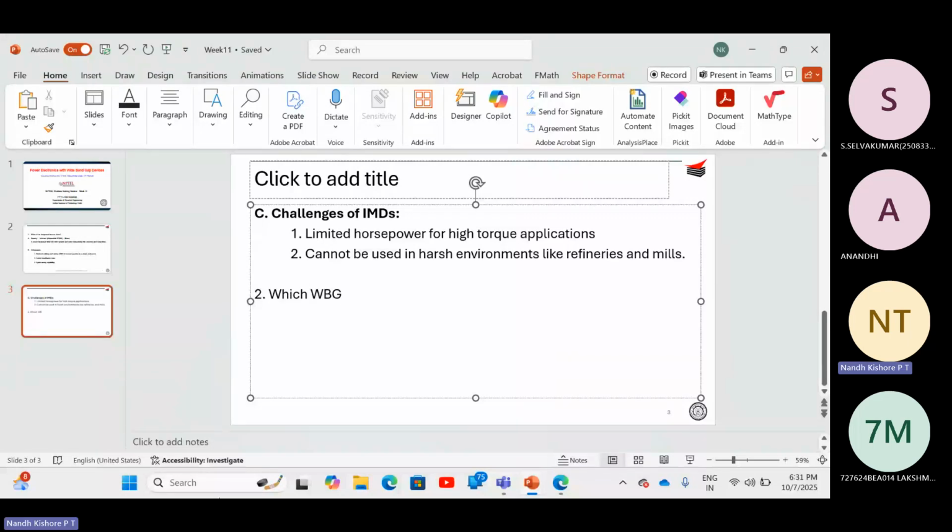Okay. So the next question would be, which WBG or wide band gap device is mentioned as a switching option for integrated motor drives?